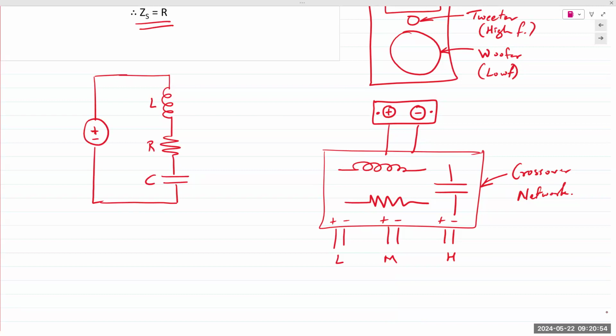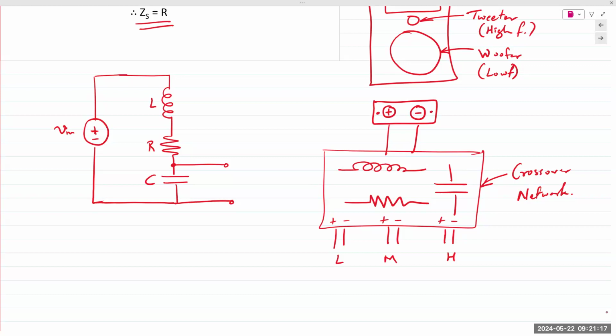It was just R and C. And if you take the output across the capacitor, what kind of output would you expect? V in is a range of frequencies, let's say 20 hertz to 20 kilohertz. And you have different bands, and depending on the values of the components, if you take the output across the capacitor in an RC circuit, what kind of filter?